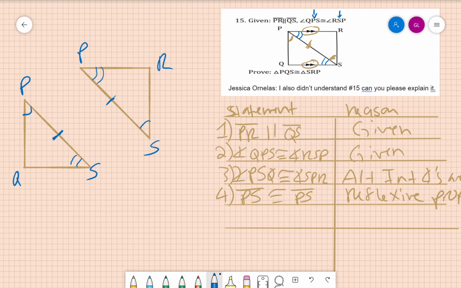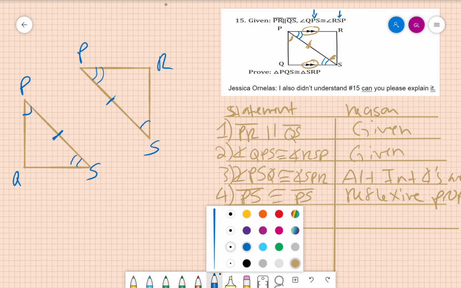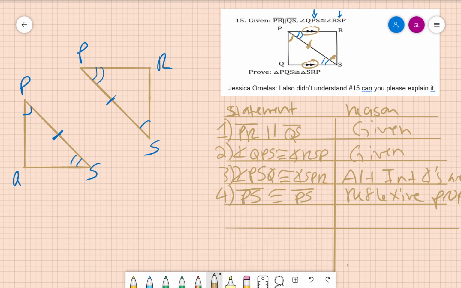So now here we can say that triangle PQS is congruent to triangle SRP. And we can look at this and tell, right?